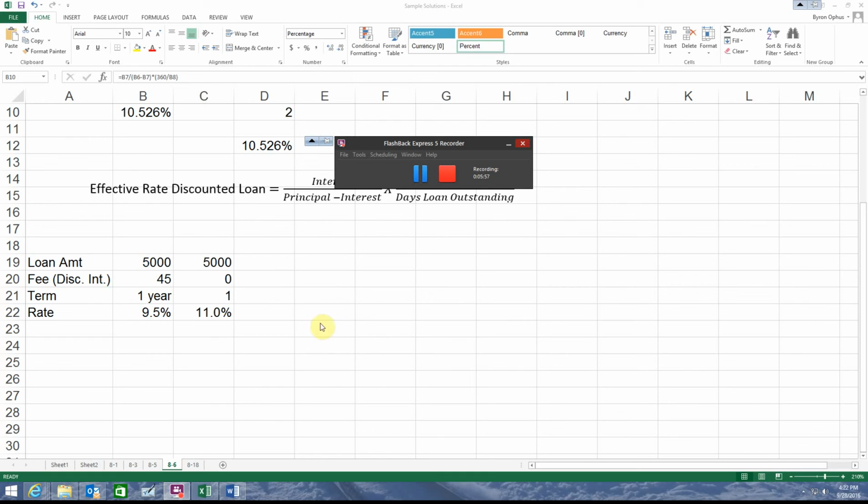So that's going to make it a little bit interesting to calculate. Let me pause for a second. To do it, you calculate the interest amount, but then you've got to take the $45 off your $5,000 and calculate what that makes the effective rate, and see how that compares to the 11%, or at least that's how I would do it. Good luck.